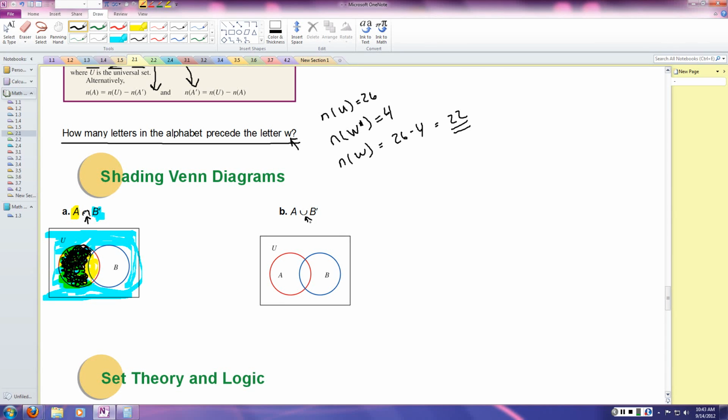This is the union. So doing the same thing, I would shade everything outside of B as blue, and then everything in A, I'm going to shade as yellow. So this would be A. And the union is anything that's shaded is going to be checked. Right?